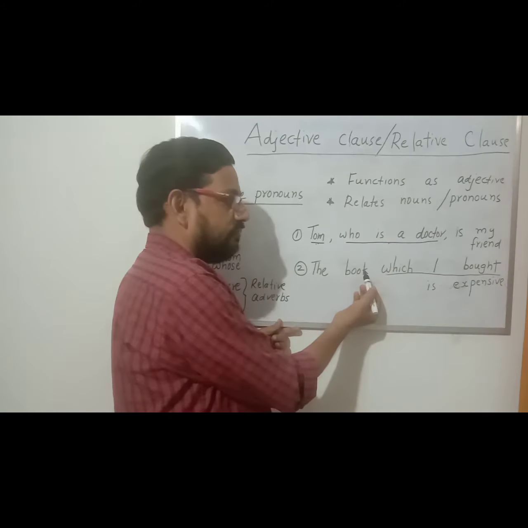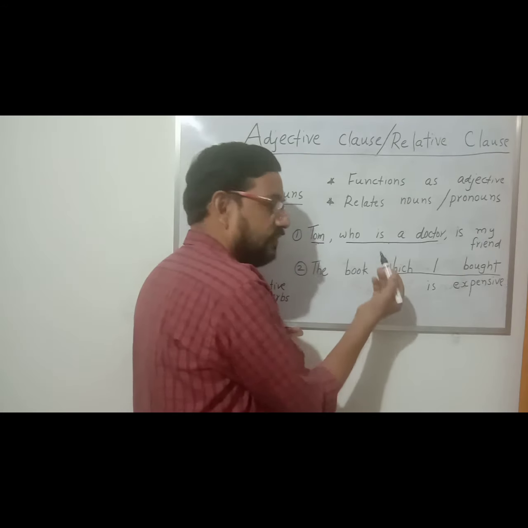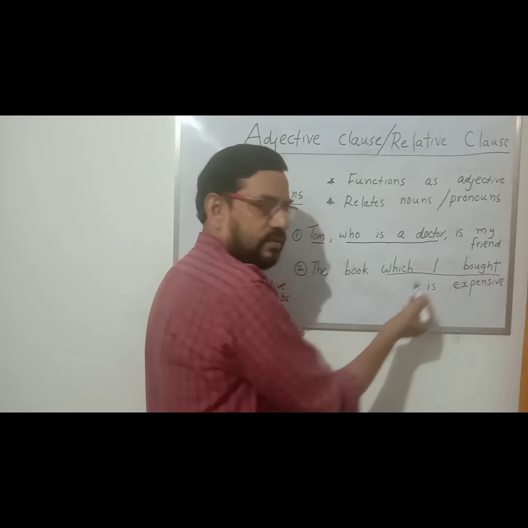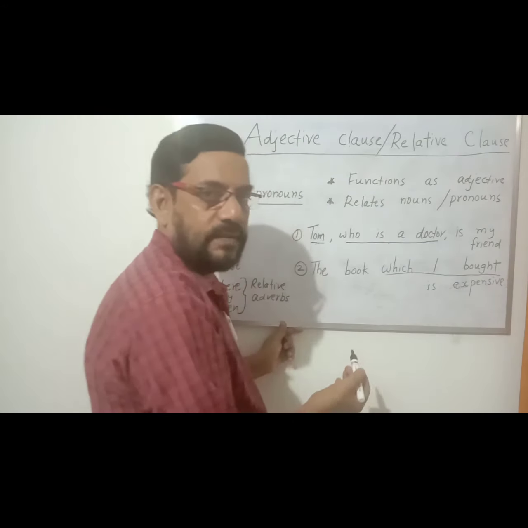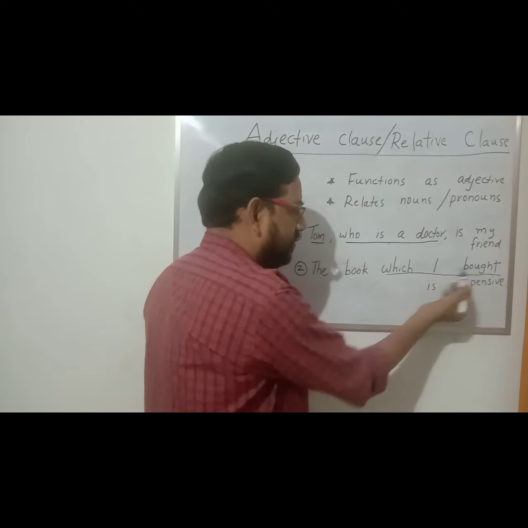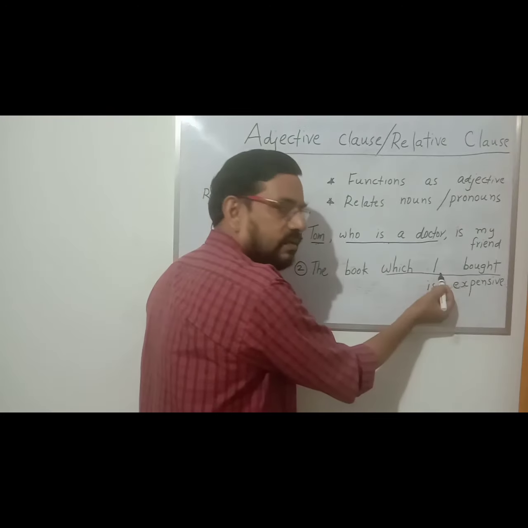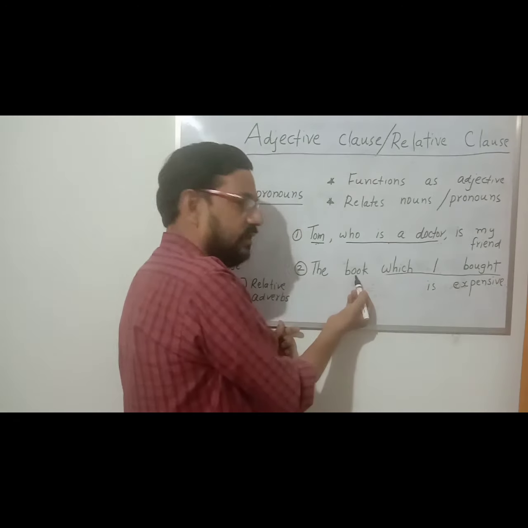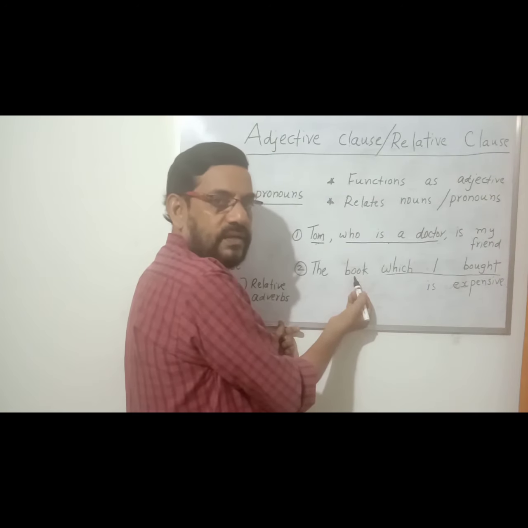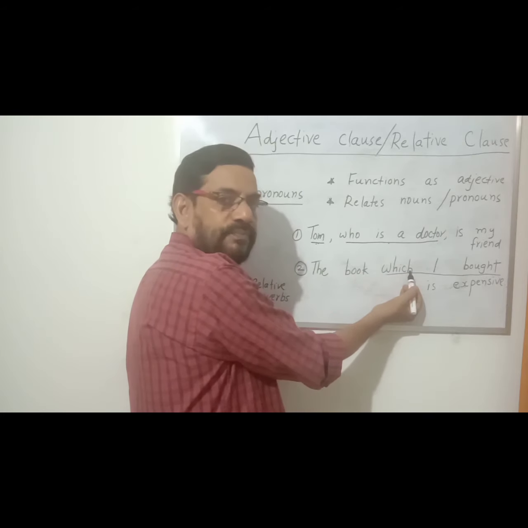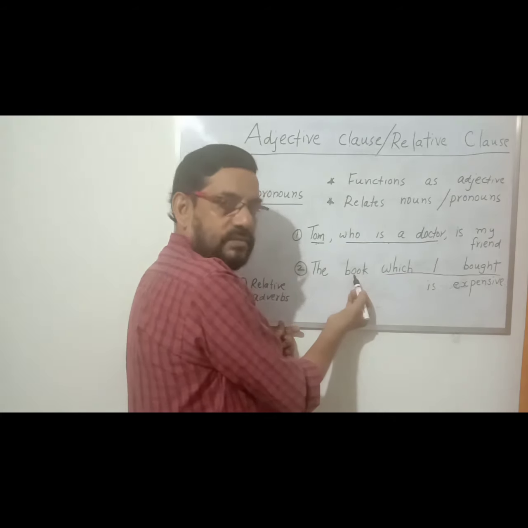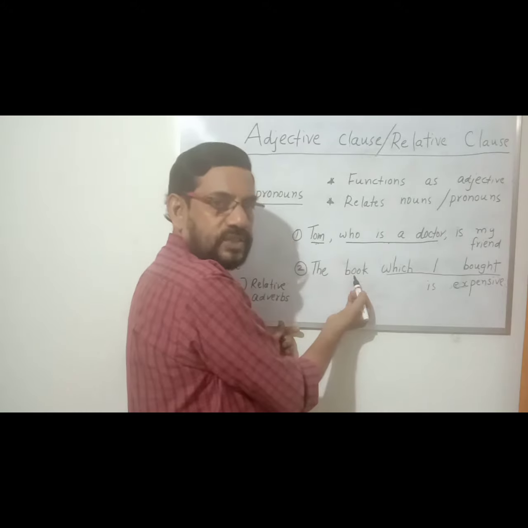Book is expensive. Which book? Which I bought, or that I bought is also okay. So which I bought or that I bought, this part is used to specify this book, or modify this book, or to give more information about this book.